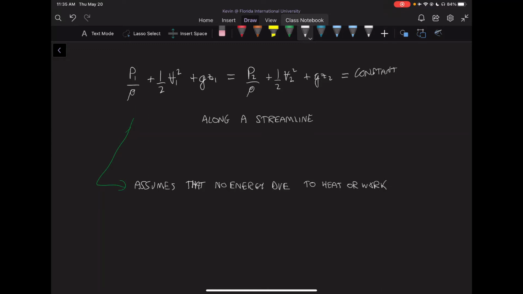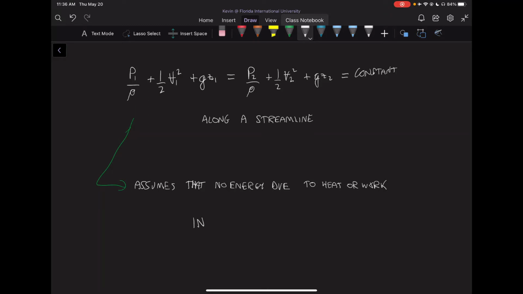We're assuming that it's along a streamline. We're assuming that we have frictionless flow, and we're also assuming that we have steady flow. So there's a lot of different things that are being assumed. But actually, there's a lot of cases where this works well and can be used to solve flow through a pipe, usually, or flow with elevation differences in a pipe.